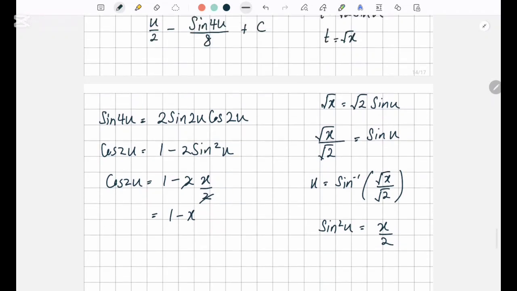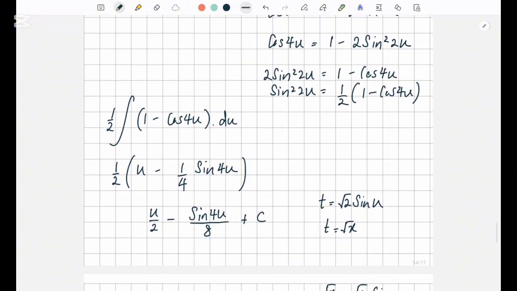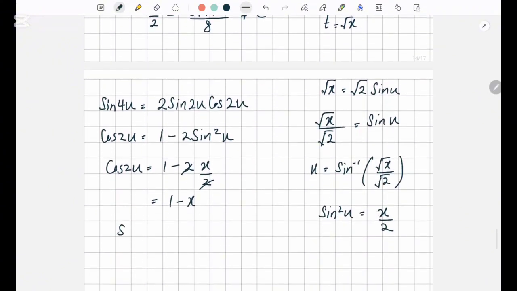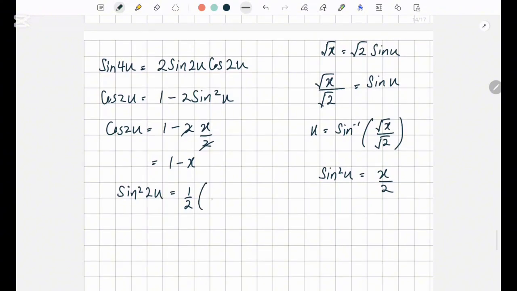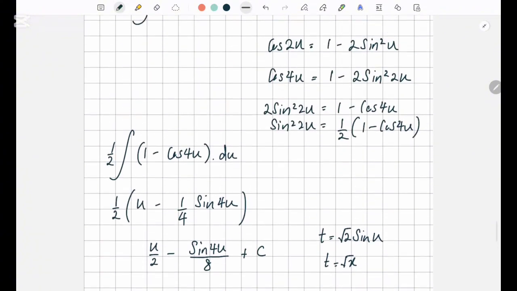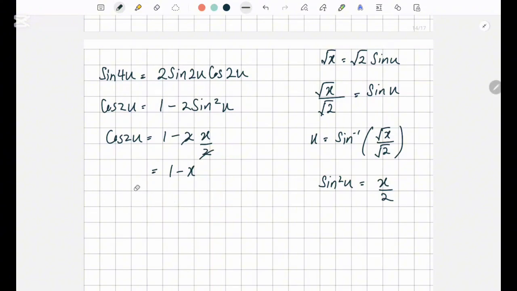And sine 2u, you could write as 2 sine u cos u, right?